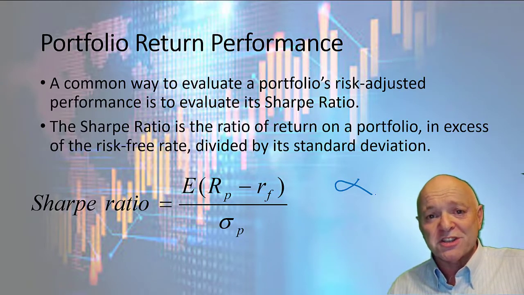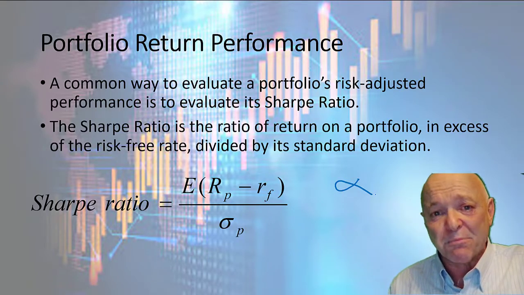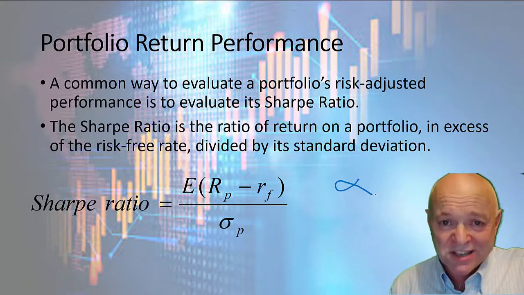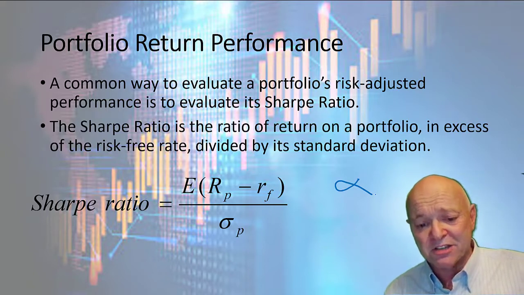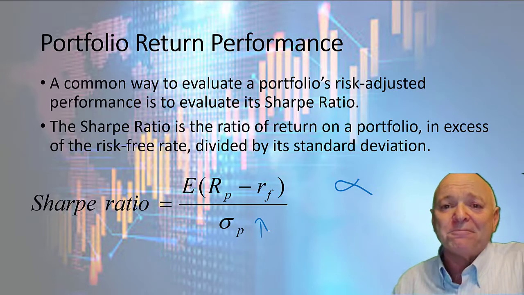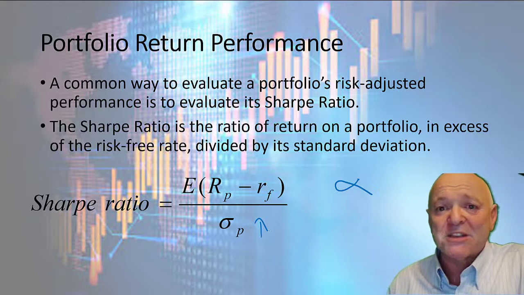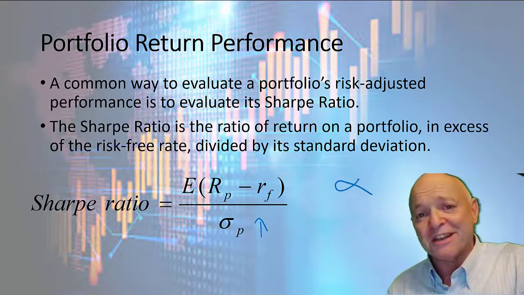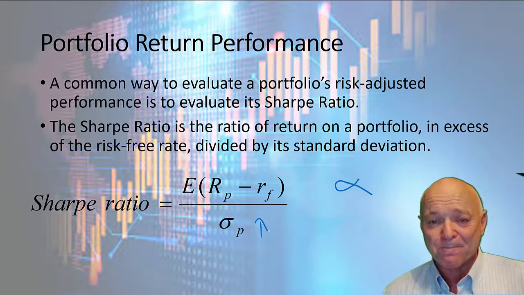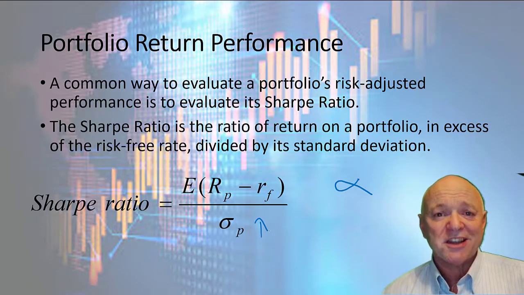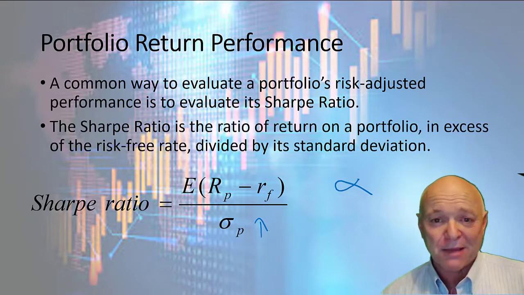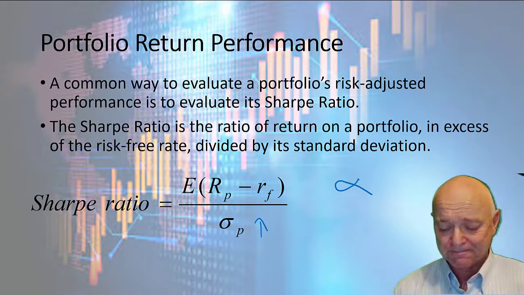So the larger the standard deviation, the less impressive our alpha is. If we took on a ton of risk, if our standard deviation is a really big number, then that makes the Sharpe ratio smaller. It makes it harder to impress us with a fantastic rate of return if the level of risk was also fantastic. So essentially it's a risk discounted level of abnormal profits, abnormal returns, or alpha.